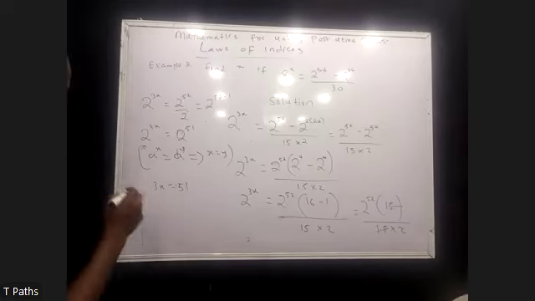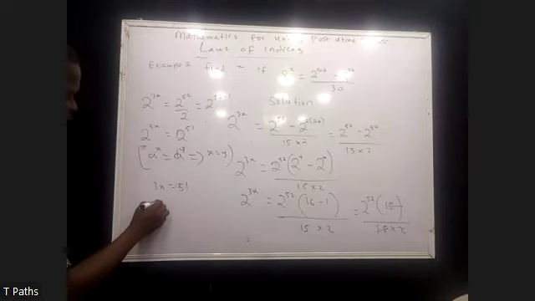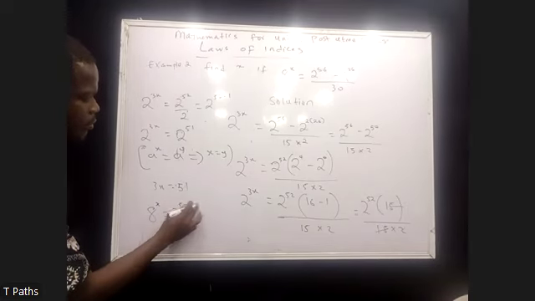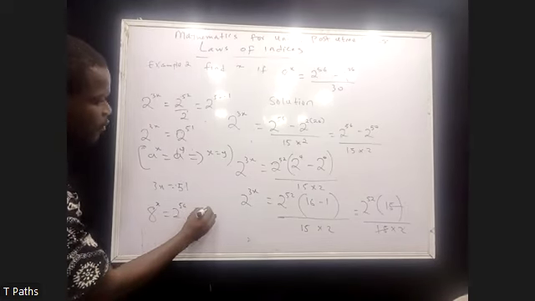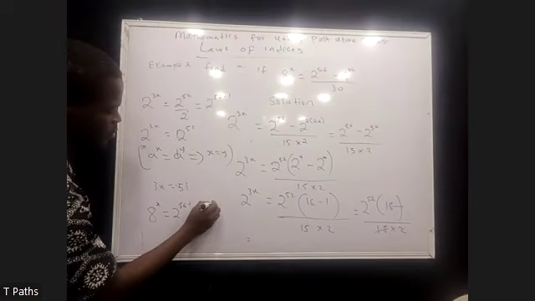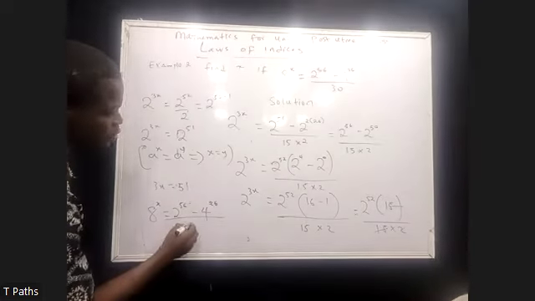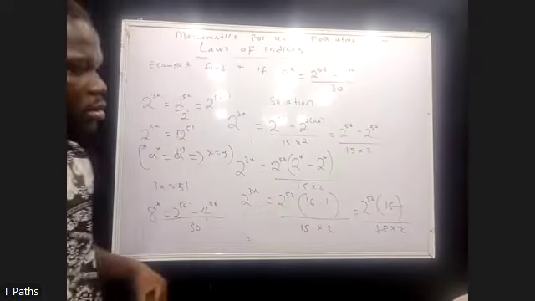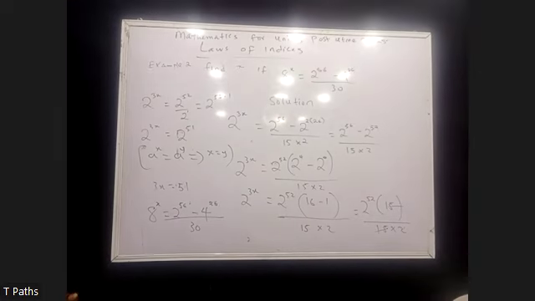This is the question from the beginning: 8 raised to power x equals 2 raised to power 56 minus 4 raised to power 26 over 30. Can you see this okay? Yes, sir. Thank you, sir.